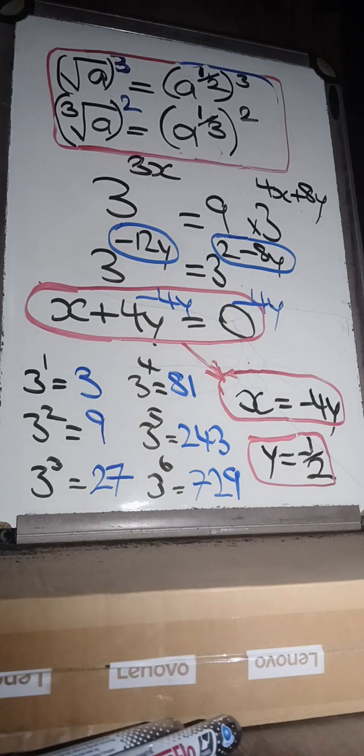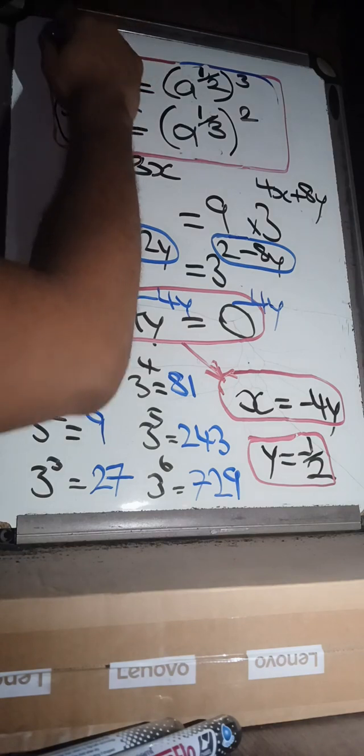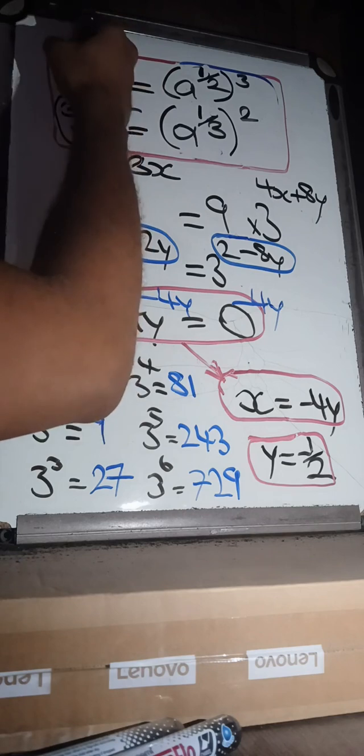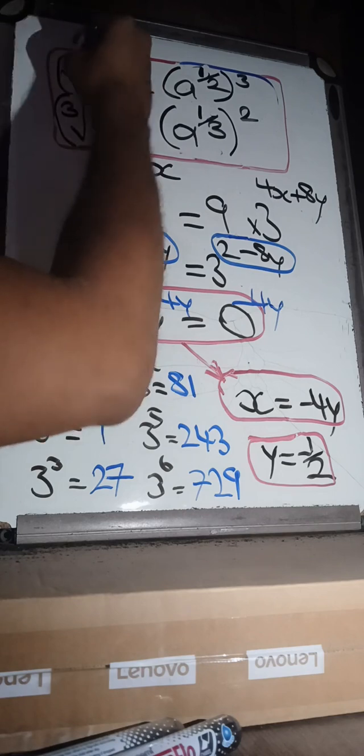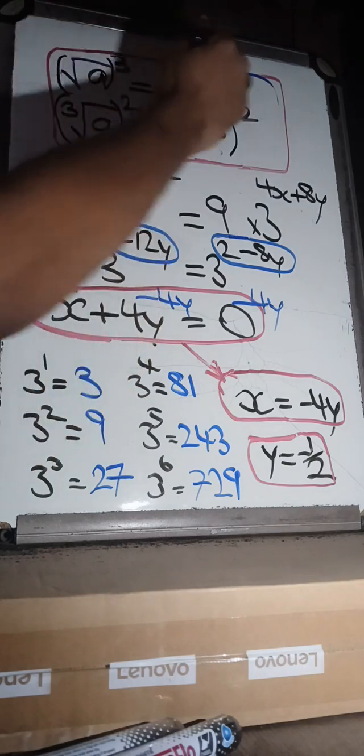Because you have the square, you have the square root. So just imagine that this square root is the same as this.